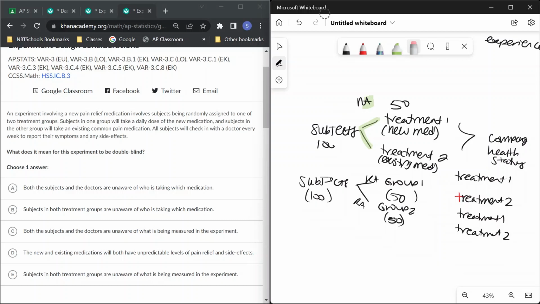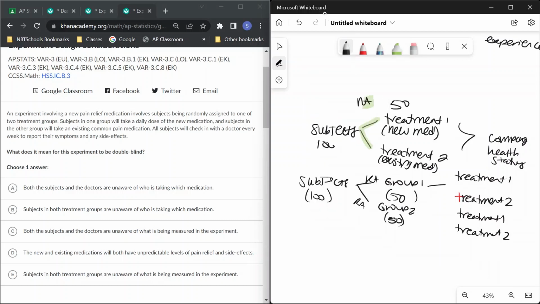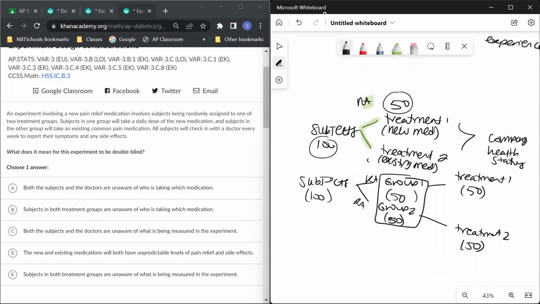It's just group 1 would be treatment 1, and group 2 would be treatment 2, and then still the same 50. You're just showing the random assignment here. It's this part here, it's the same thing. Okay, anyway, my bad. So where were we? So this is 100, this is 50, this is 50.